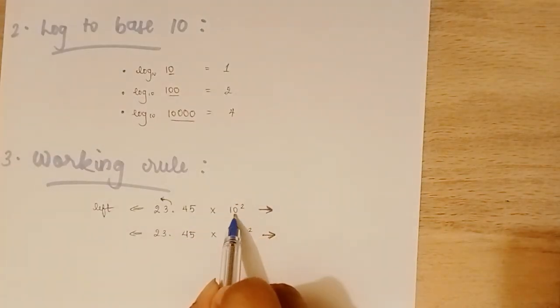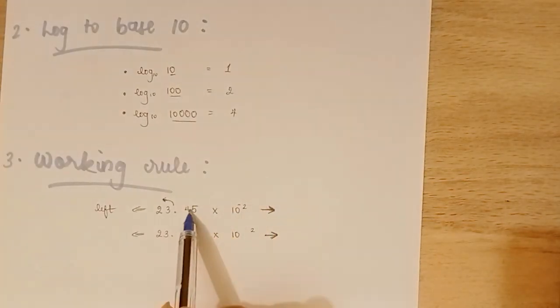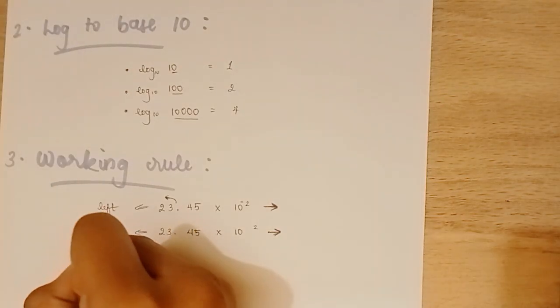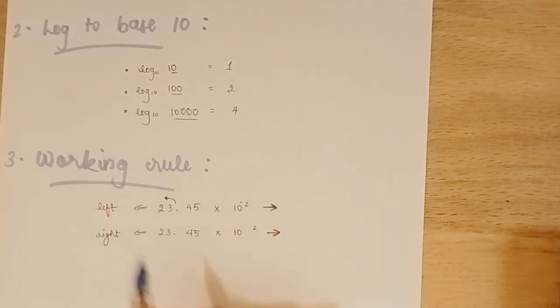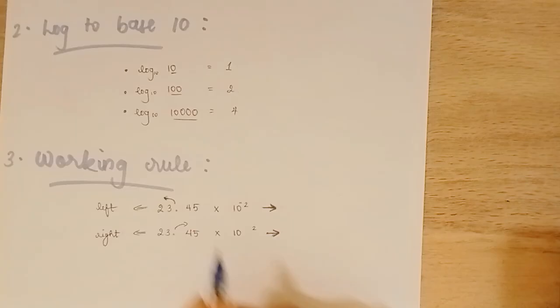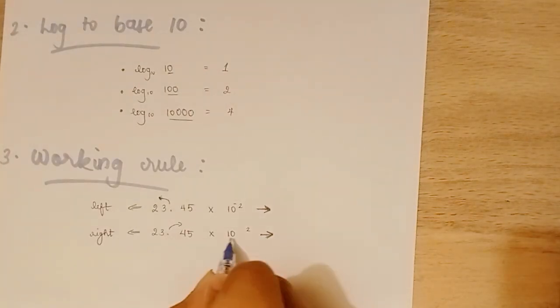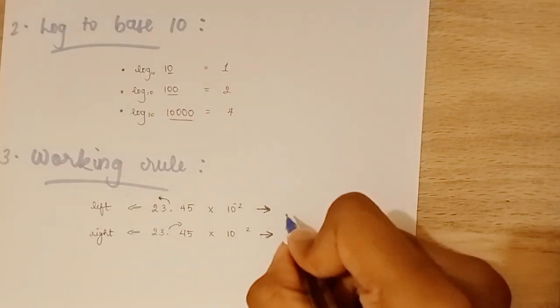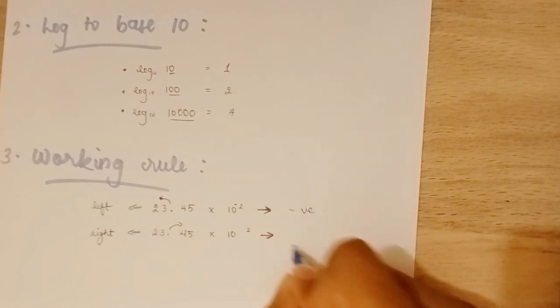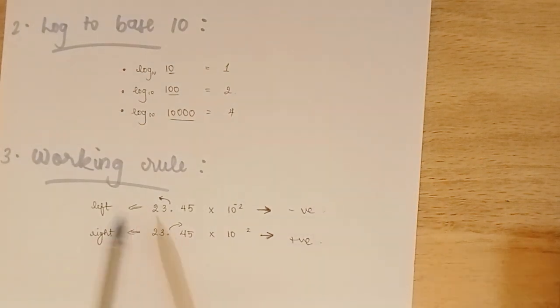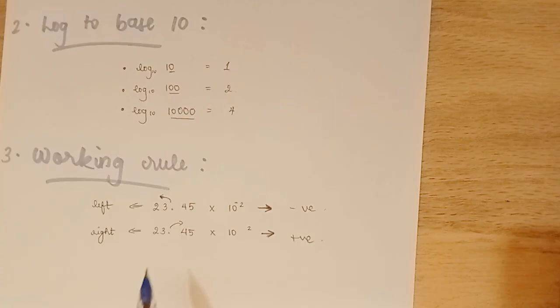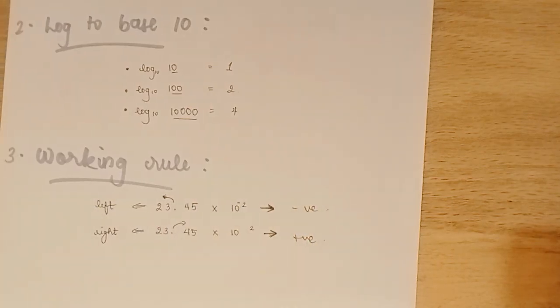So if you multiply 10 raised to the power minus 2, the decimal moves to the left side. Now, if you need to shift the decimal to the right side, then you multiply the number with 10 raised to 2. That is, this is negative and this is positive. So this will really help you to understand or shift numbers when you find log and anti-log.